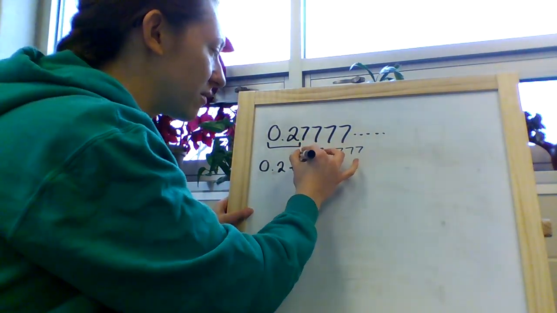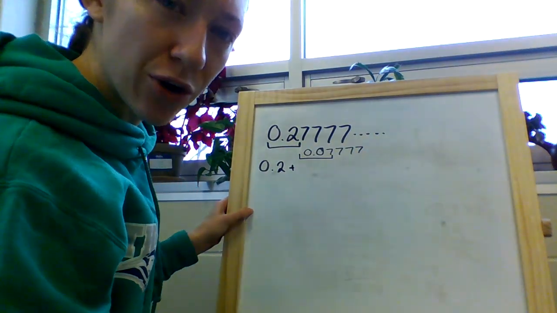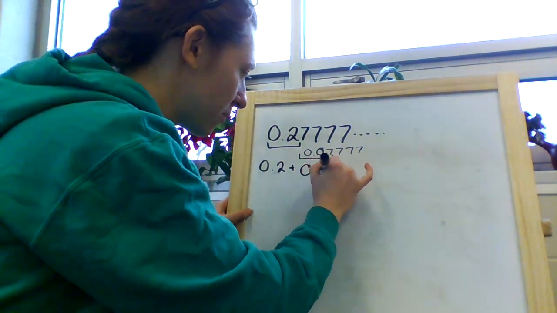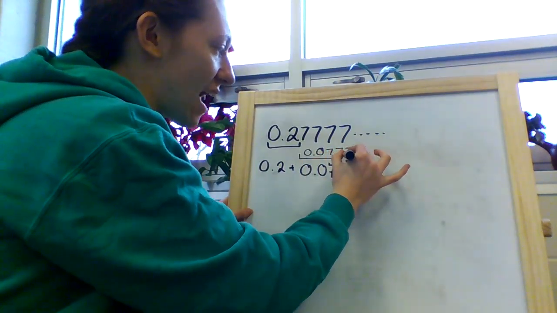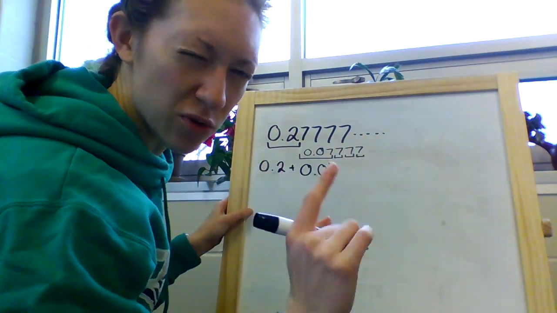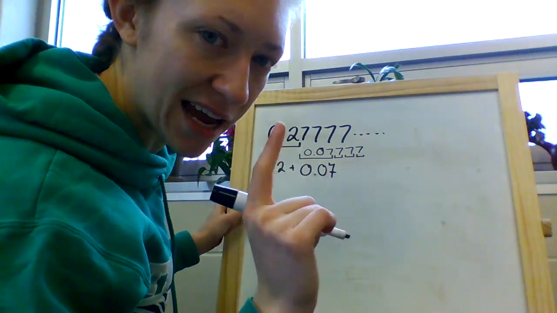So the first term is going to be that 0.07. And then it repeats every single decimal place, so we're going to use 0.1 as our r.